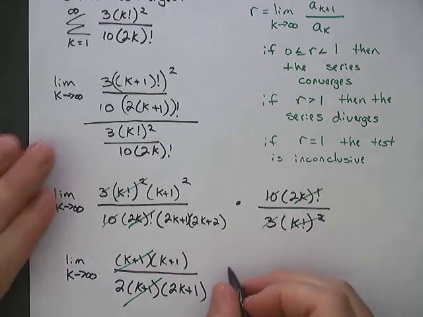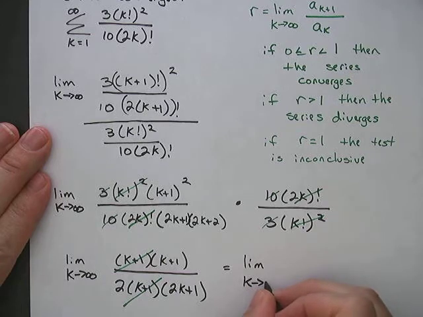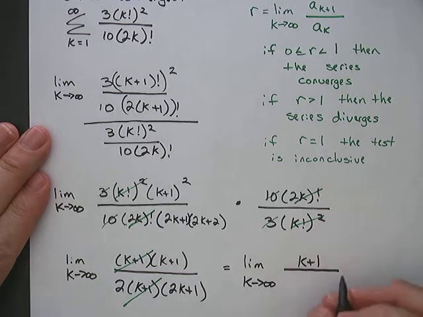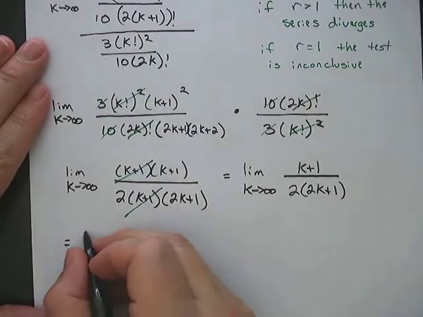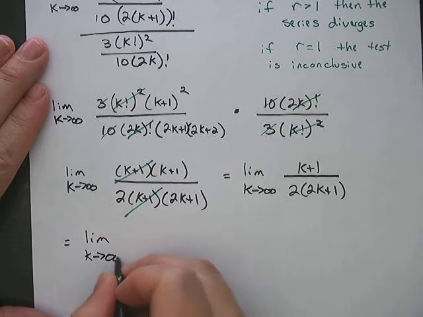Okay, so we end up getting the limit as k approaches infinity of k plus 1 divided by 2 times 2k plus 1, which if you took it one more step, you could probably already see the answer if you're up on limits, but let me point it out to you just in case.